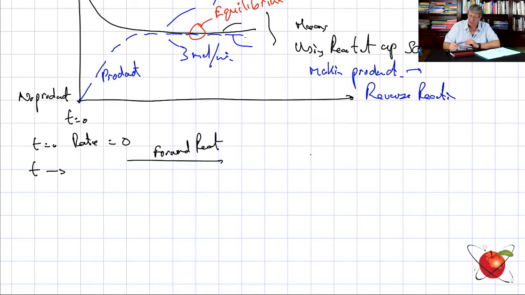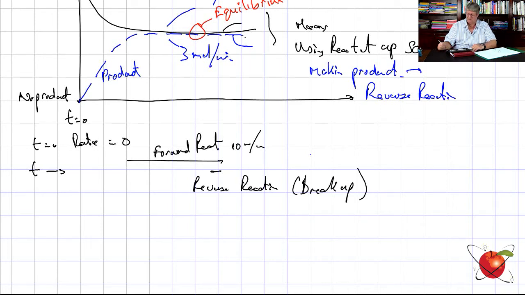I am actually using up at 10 moles per minute. And my reaction rate here is small, the reverse reaction. Why? Well, the reverse reaction is the breakup, isn't it? The breakup is the reverse reaction.